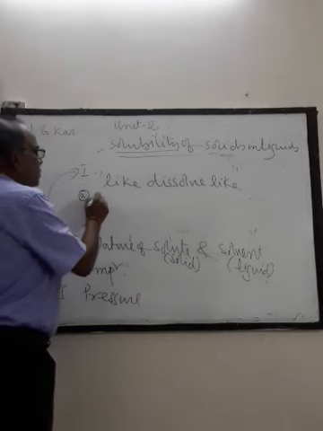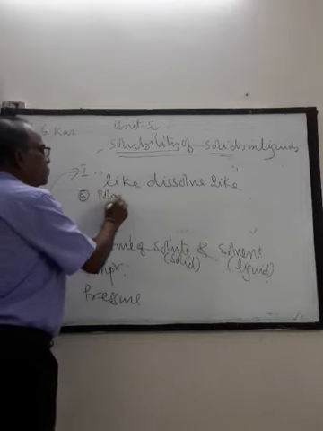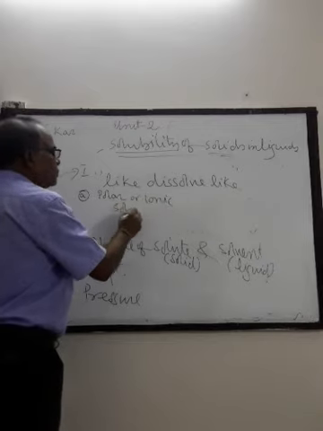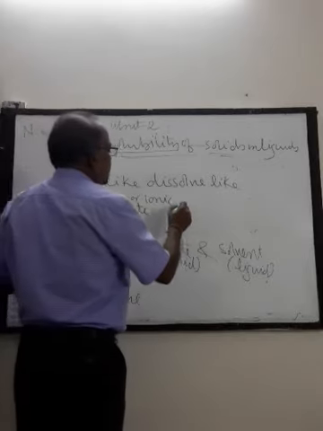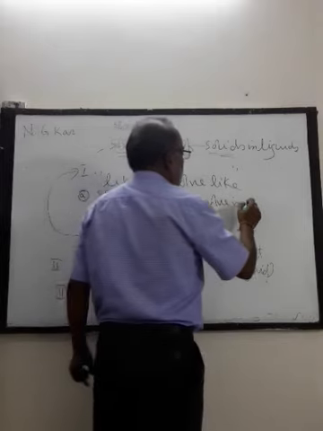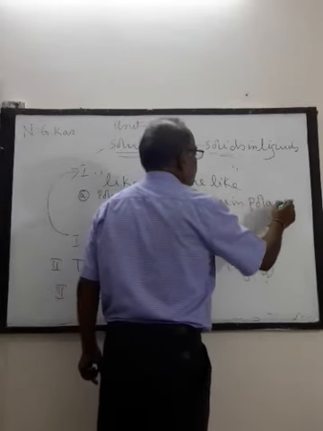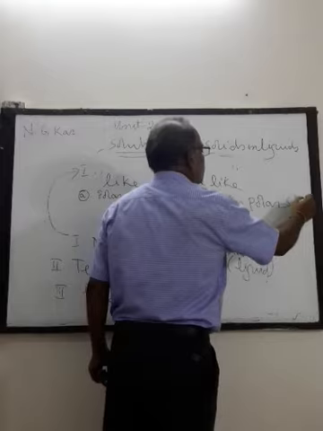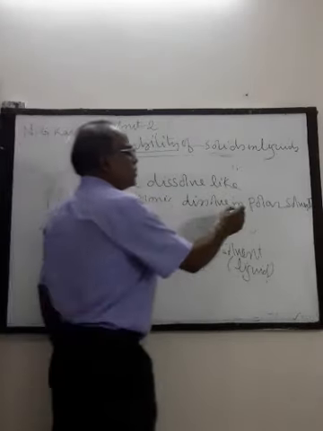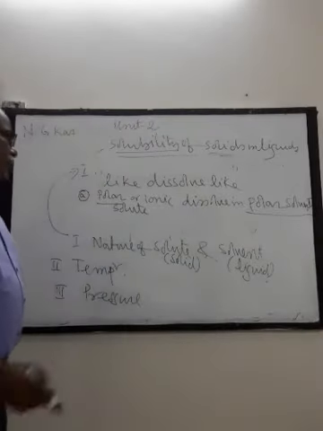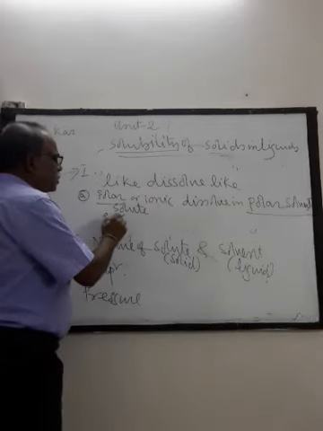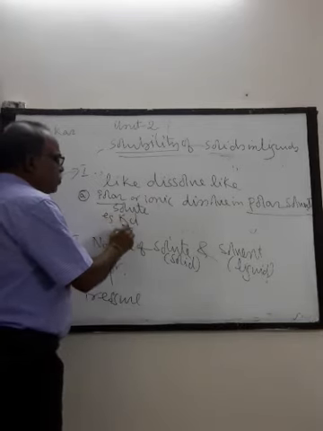One is polar or ionic solute or solid dissolves in polar solvent. So this is polar or ionic, so this is also polar or ionic. So like dissolve like. For example, say potassium chloride, sodium chloride.